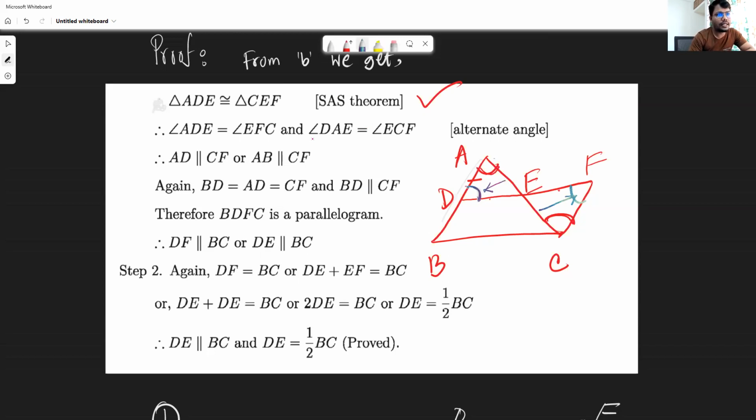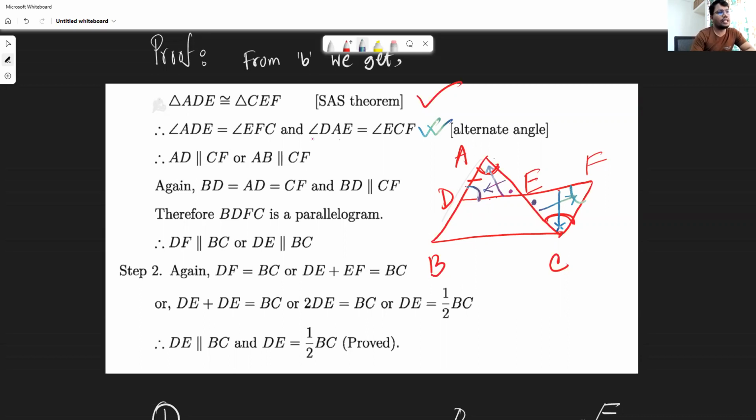Again, this is the side EF, its opposite angle is C, and another side equal to EF is DE, whose opposite angle is A. So now angle A and angle C are the same. These two angles are the same. Already this angle is the same, being the vertically opposite angle.